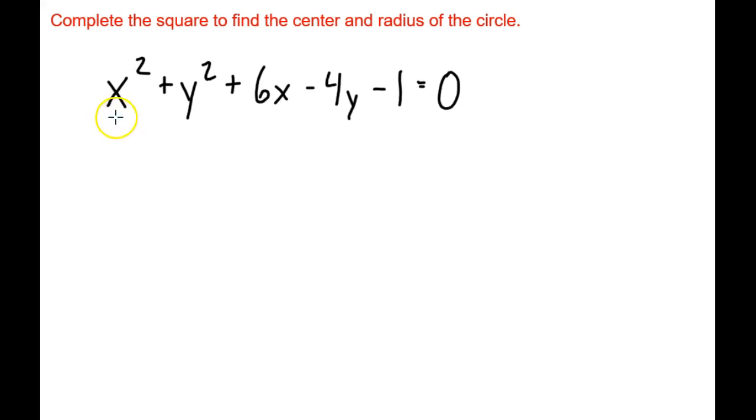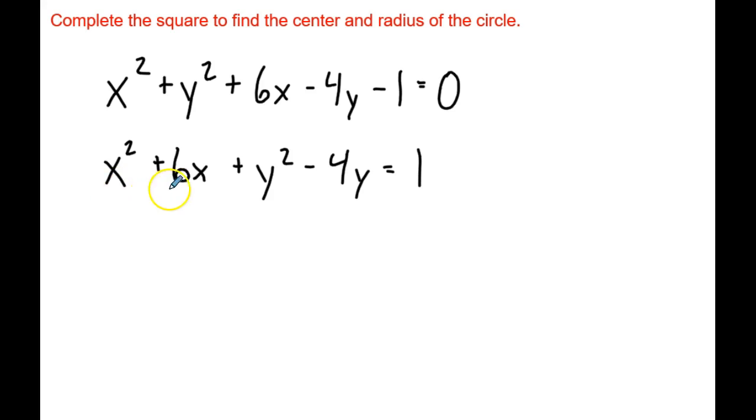The first thing we want to do is rewrite this equation so that our x terms are by each other and our y terms are by each other and the constant is on the other side of the equation. After we rewrite this, we get x squared plus 6x plus y squared minus 4y equal to 1.